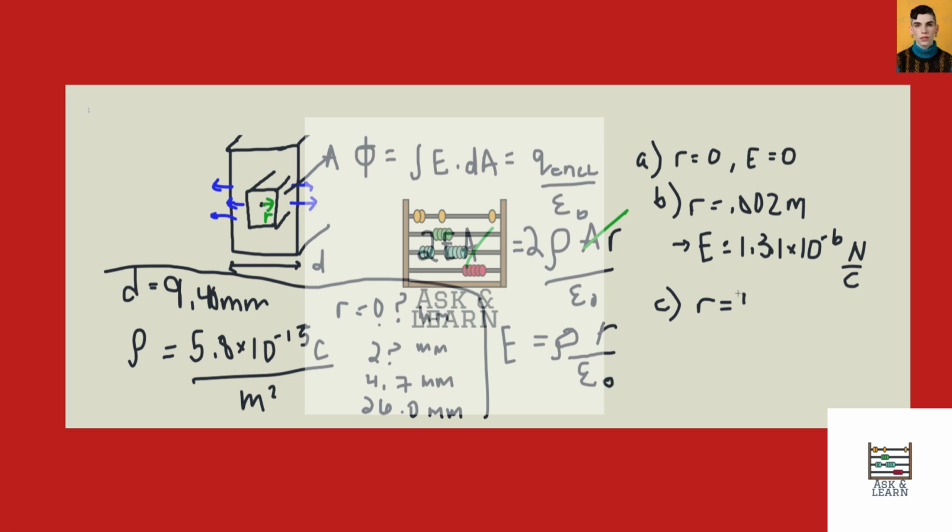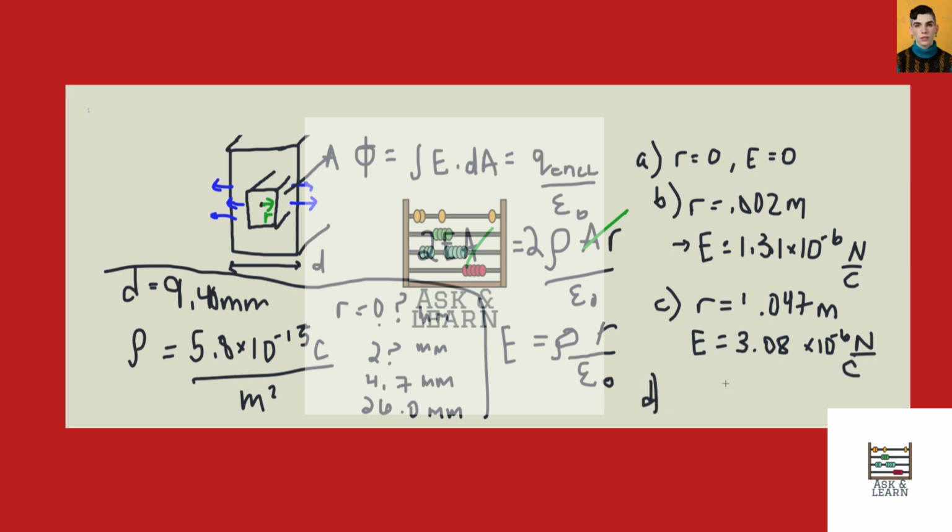So my answer actually doesn't change. Your R is 0.047 meters, and I got that E was equal to 3.08 times 10 to the minus 6 newtons per coulomb.